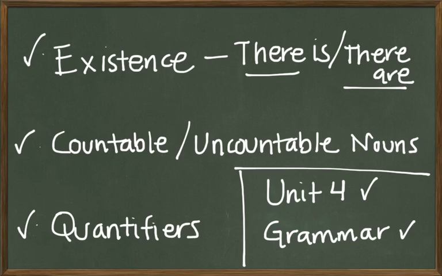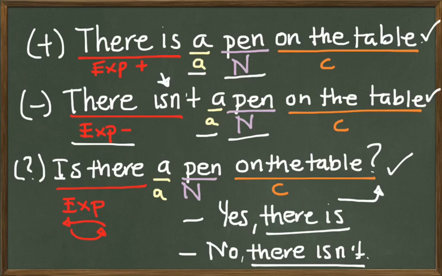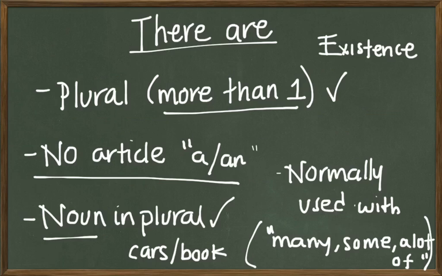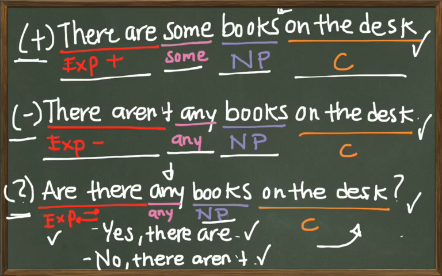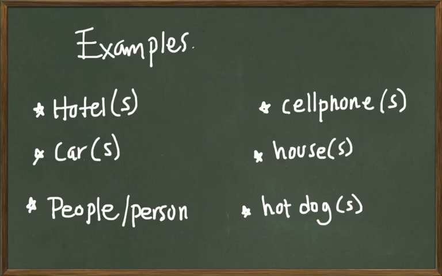Just a very quick review. Remember that this time we saw existence, we talked about countable and uncountable nouns, and we also reviewed quantifiers. We saw the explanation, function, and some examples. Countable nouns. Remember that there are things you can count, and you use them with an article, a number, or some.